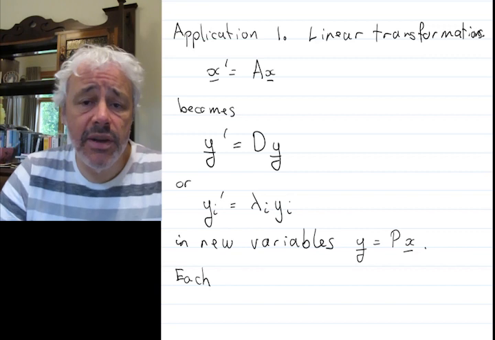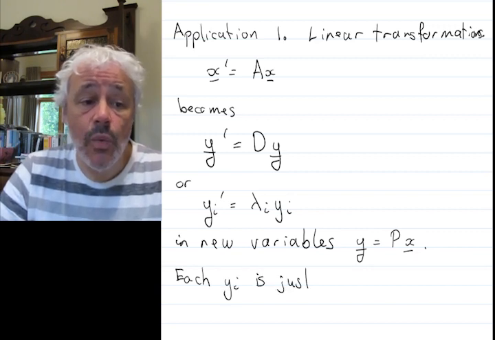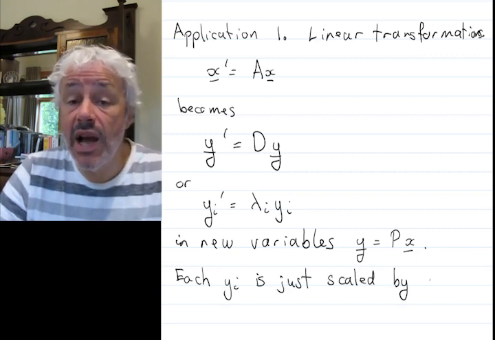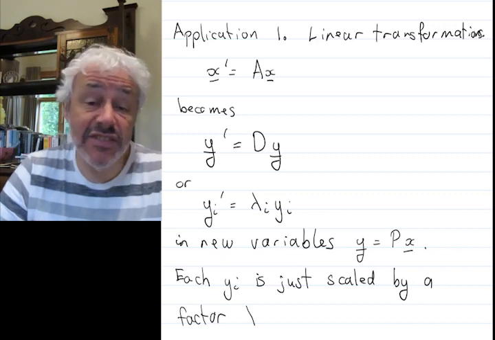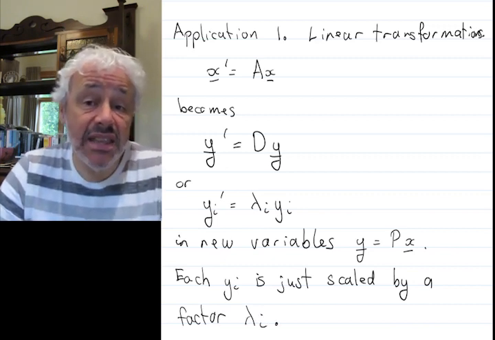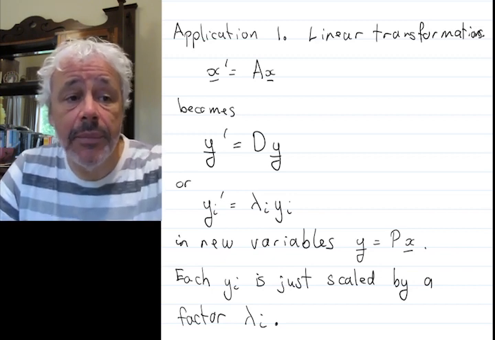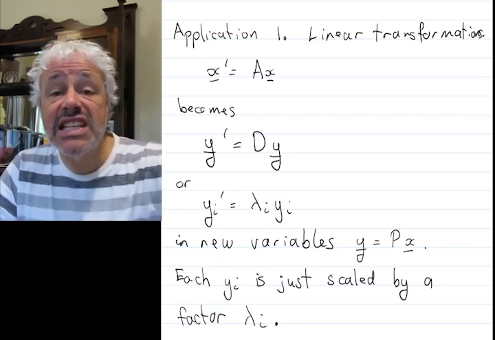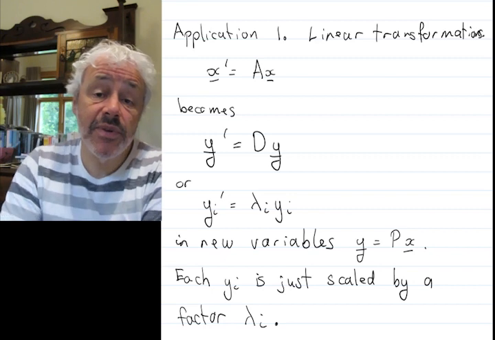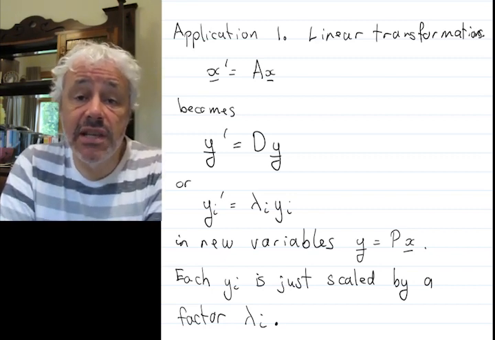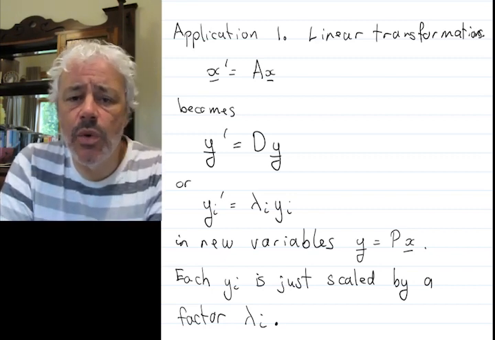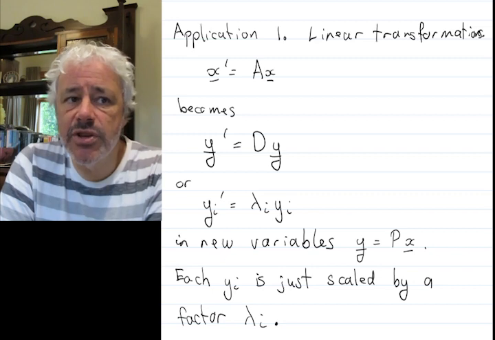Write down the components of that equation, you get yi prime equals λi yi. Well, that's just a scaling transformation. That's just like take the number yi and multiply it by λi. It's like a doubling or a tripling. So these diagonalizable matrices correspond to very simple linear transformations, and this is the main way of understanding the structure of a linear transformation.